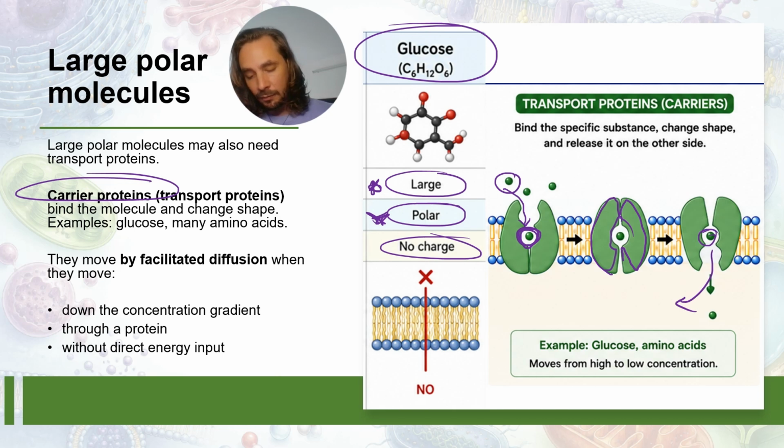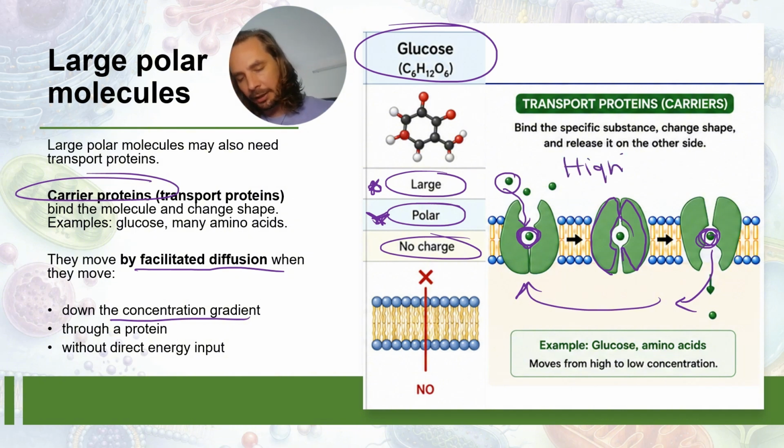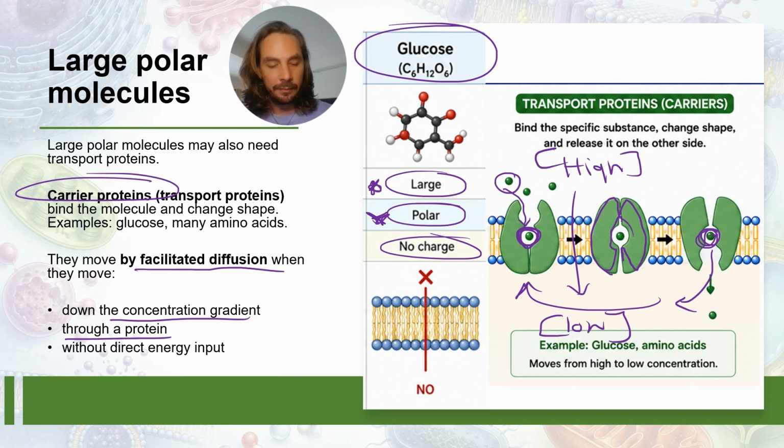Once the glucose is released, the protein resumes its normal shape. This is also facilitated diffusion, because the molecules move down a concentration gradient, from high to low concentration. It happens through a protein, but there is no direct energy input needed.